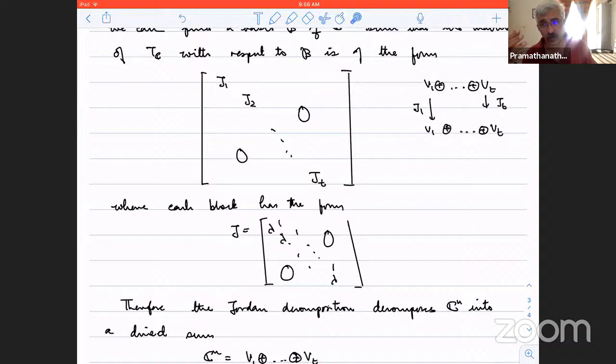They are the spaces on which T minus lambda, say J1 has lambda 1 associated with it, will turn out to be such that (T minus lambda 1) to some power becomes 0 on a particular space. So then you look at the kernel of T minus lambda, or T minus lambda to that power.